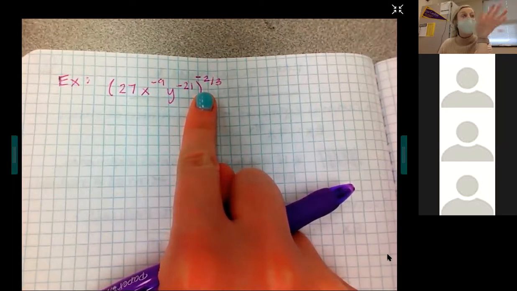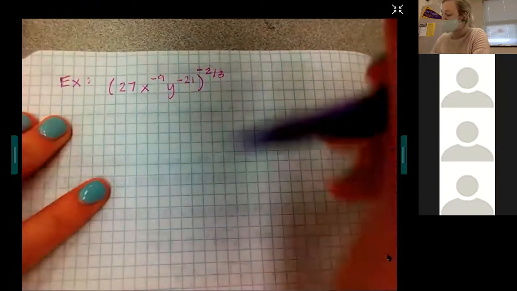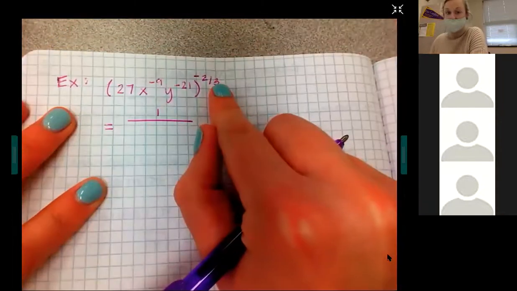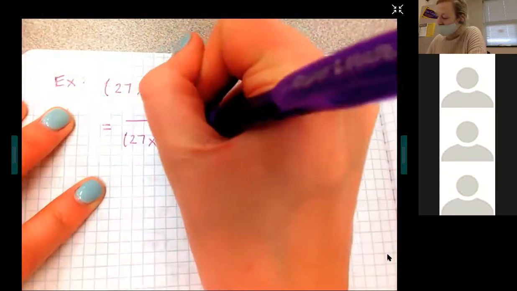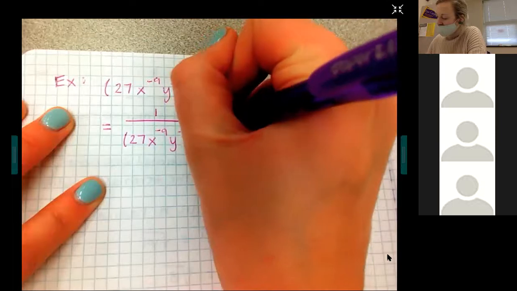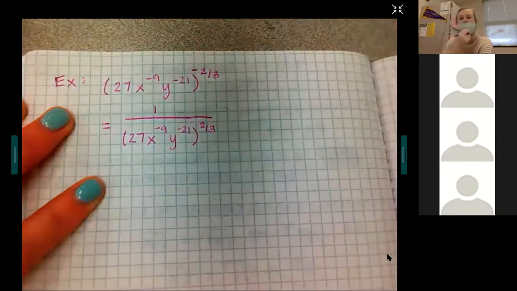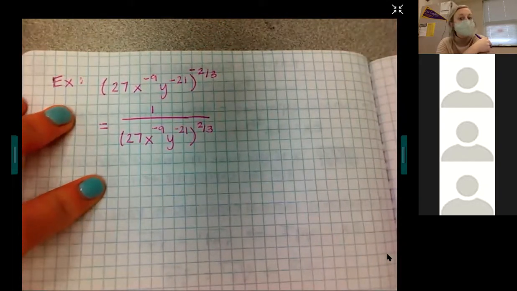But even after that, I'm not going to carry in the 2/3. So let's do that first. Very good, Jordan. So we have to flip it because it's raised to the negative 2/3. So this is going to be 27 x to the negative 9th, y to the negative 21st, raised to the 2/3.